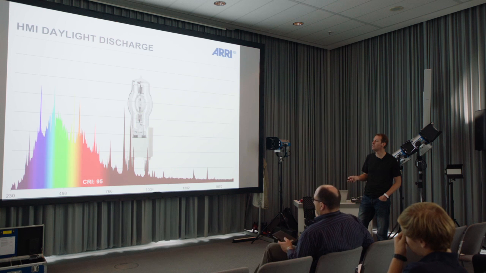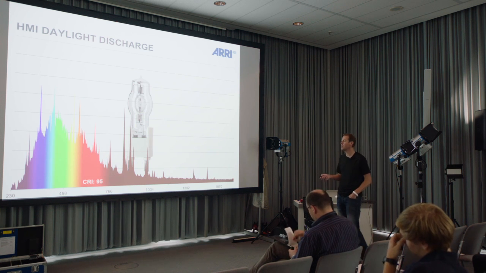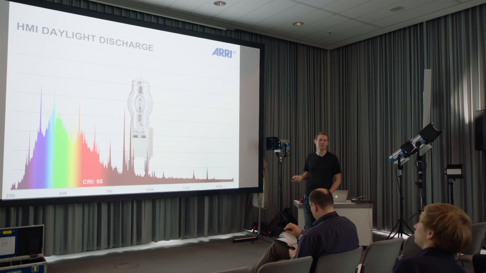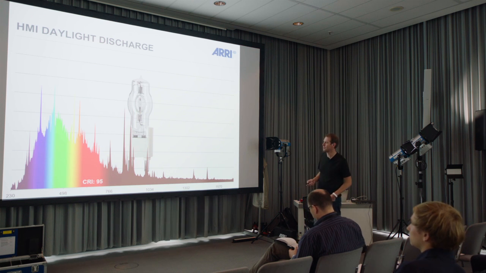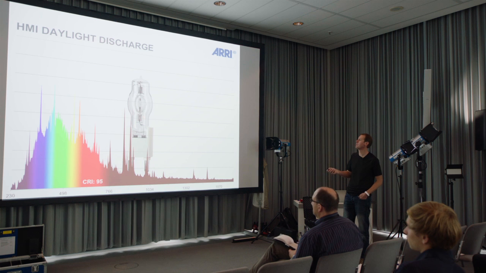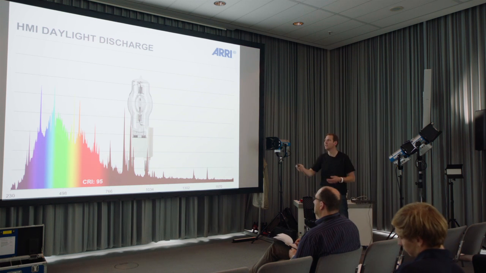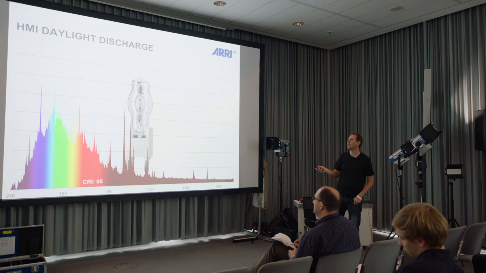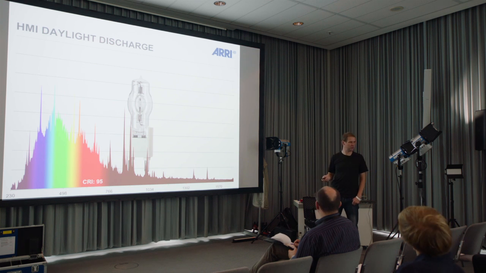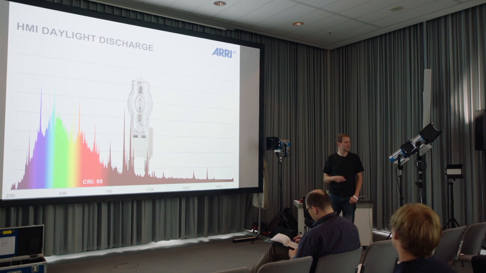More blue light in here, less red parts, because these are called daylight. And we have all these little spikes in here. So it's not as flat as we have seen from the tungsten, but these spikes are not a big problem for color quality. They are too small, too spiky, it's not really a problem.